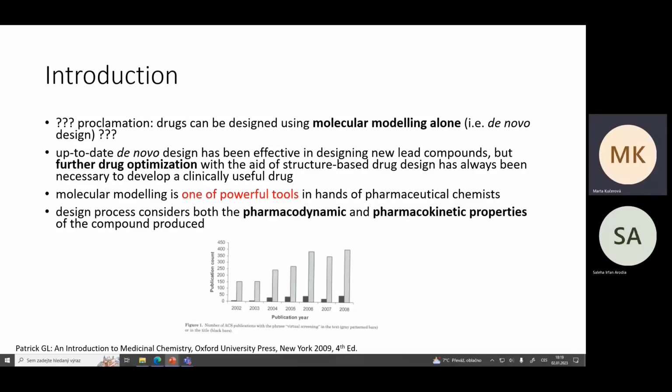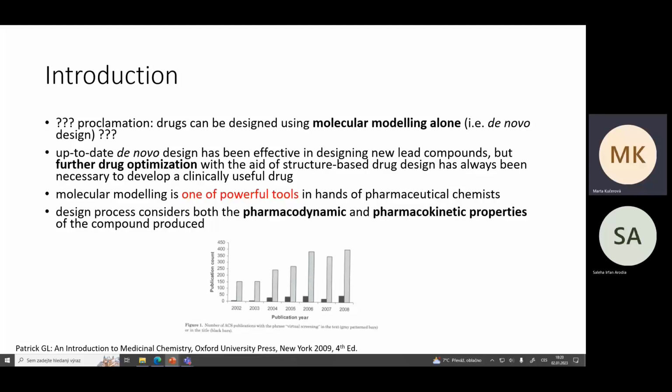In the beginning, when molecular modeling started, the scientists thought that it would be very useful and they would be able to design the drugs only using molecular modeling. However, it proved that it is possible to do it only for lead compounds.